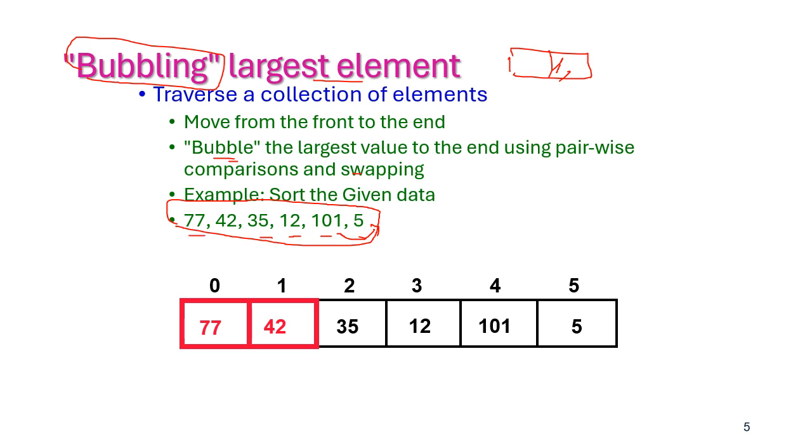In this, the first two elements will be taken and compared: 77 and 42. Here 77 is the larger element and 42 is the smaller element, and these two items should be swapped, giving 42 and 77.